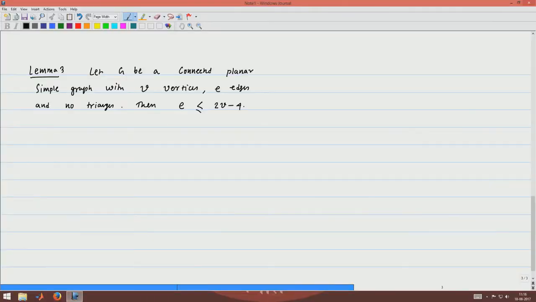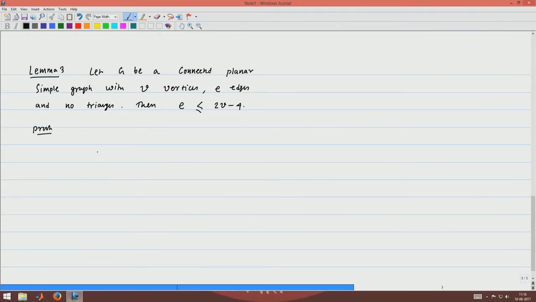So, using this fact that the graph K33 does not have any triangle, we get an improved bound for the number of edges.